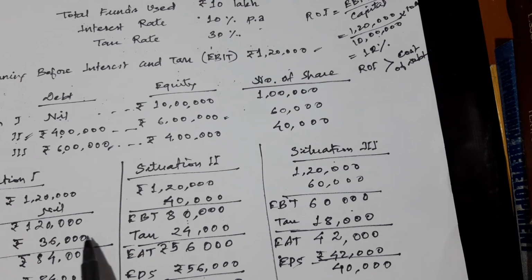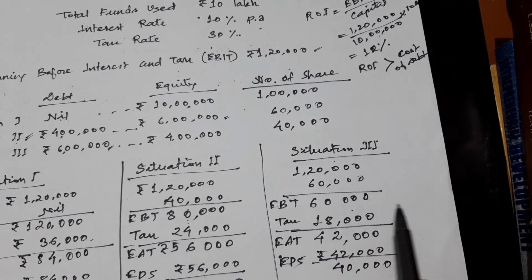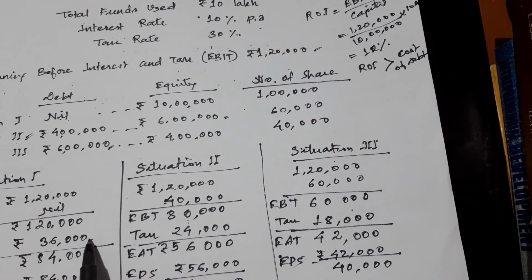Because in this case you have seen, though the rate is same in all the situations, the tax they pay is rupees 36,000. In this case it is 24,000. In this case it is 18,000. So there is a decrease in tax. And that advantage is also gained because of the use of debt fund in the capital of the organization.